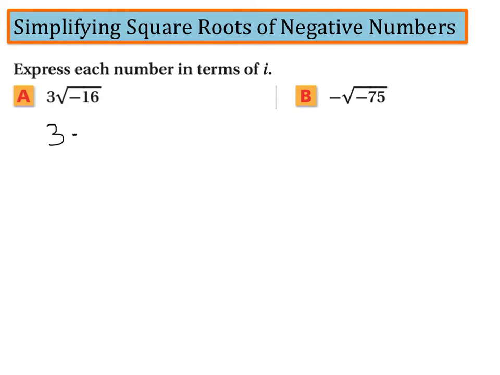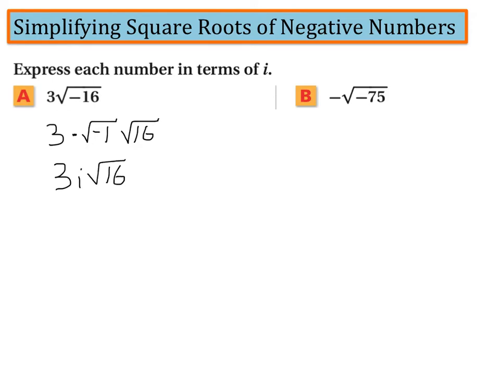So whenever you see a negative number under the square root, you're going to rewrite this as -1 and then whatever number that was. Now we know that from our definition in the previous slide that the square root of -1 becomes i. So this will be 3i times the square root of 16.